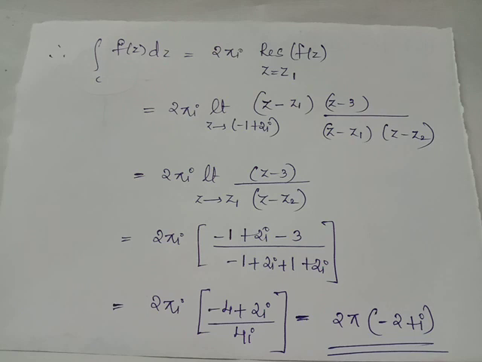When you cancel z minus z1 from both numerator and denominator, we have the expression 2 pi i times limit z tends to z1 of (z minus 3) upon (z minus z2). Directly we can apply z equals z1 in the expression (z minus 3) upon (z minus z2). After simplification, we obtain the integral over C of f of z dz equals 2 pi times (minus 2 plus i).